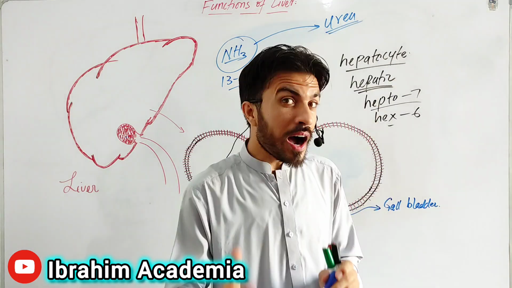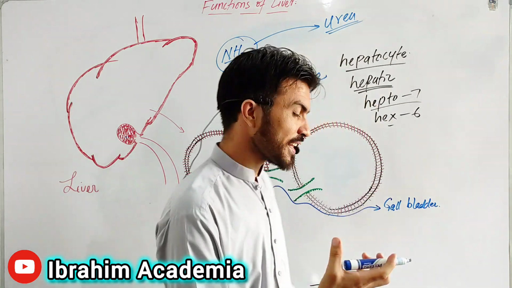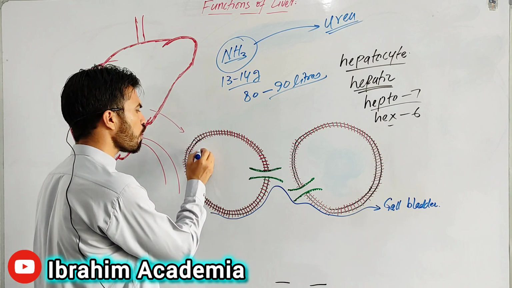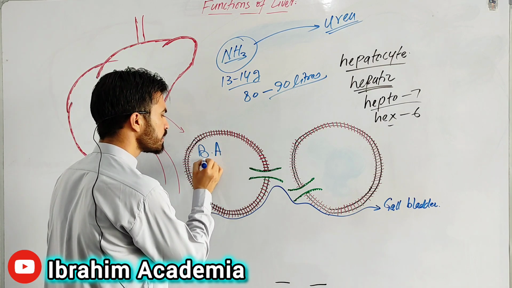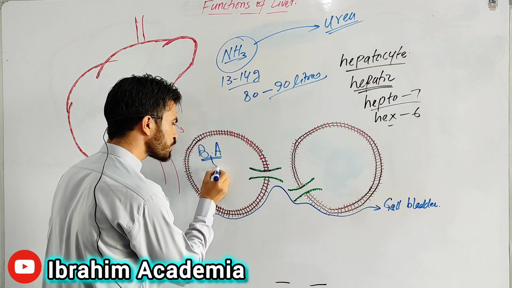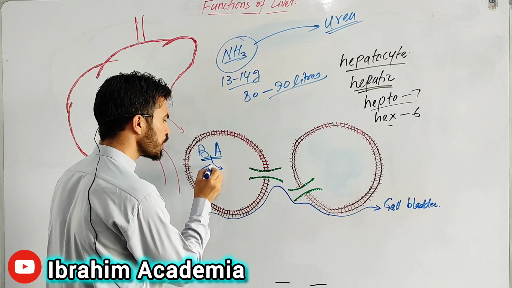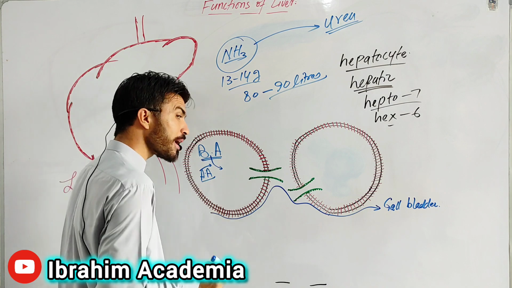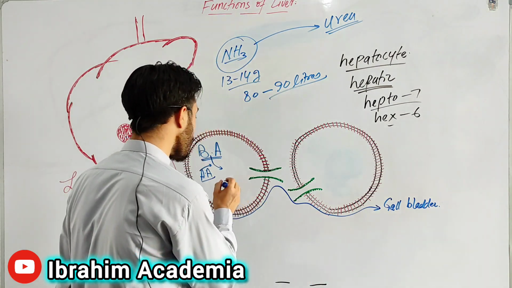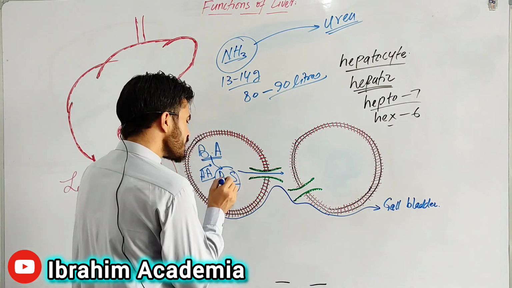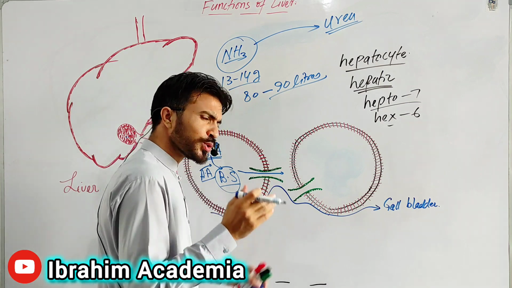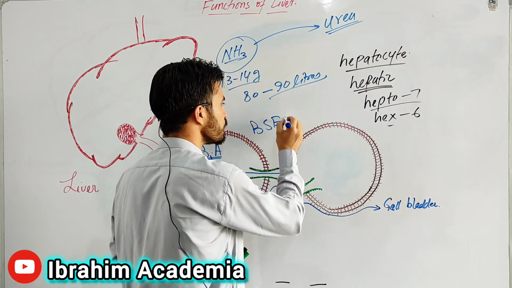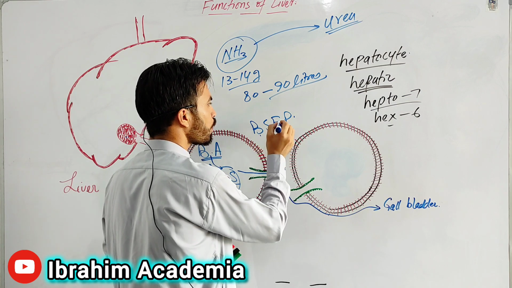How is this bile synthesized inside the hepatocytes, inside the liver cells? Primarily, first there is synthesis of bile acid. The bile acid then goes through some processes in which there is the addition of some amino acids, and after the addition of these amino acids, the bile acid is converted into bile salts. This bile salt is then transported through a channel, through a gate, which is called BSEP, the bile salt export pump.